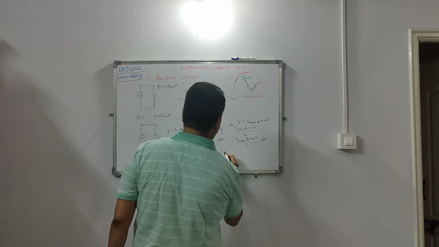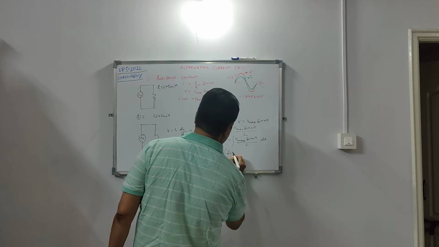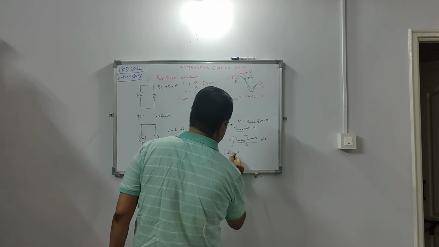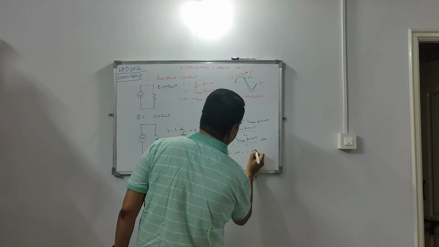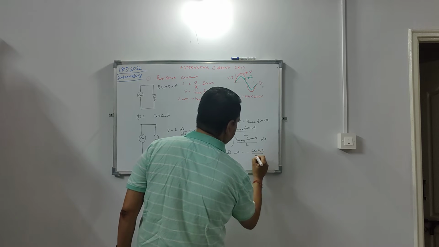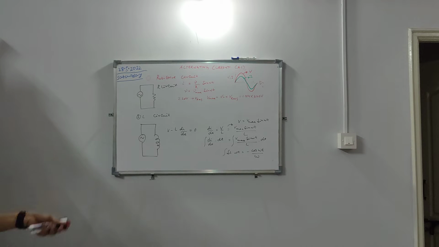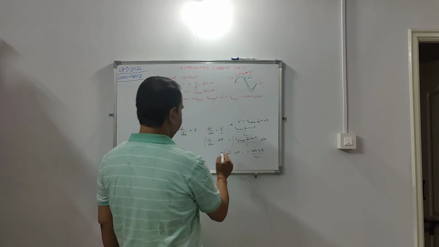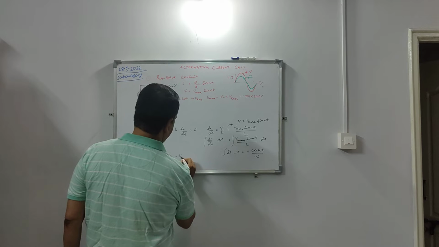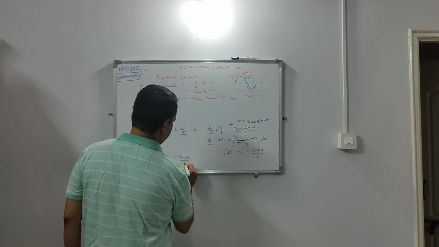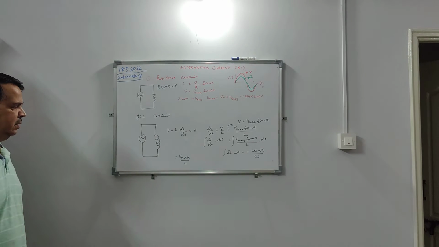So if I integrate it, the integration of sin omega t is what? Minus cos omega t by omega, right? Remember there is an omega term. V max by L is constant, because V max is always constant and L is a property.